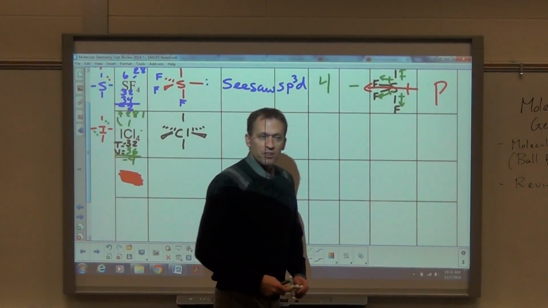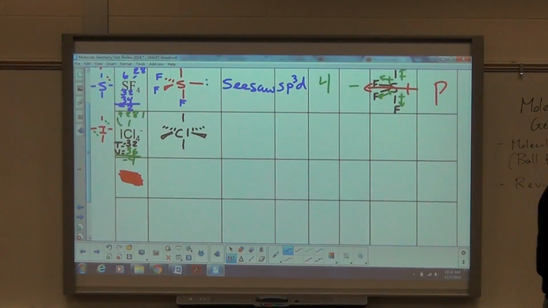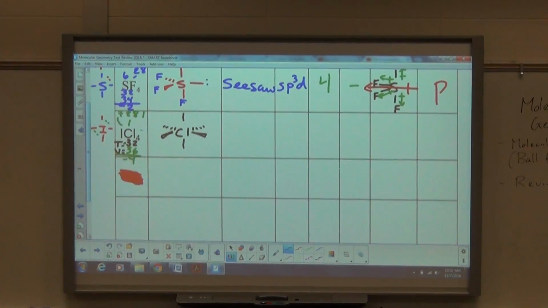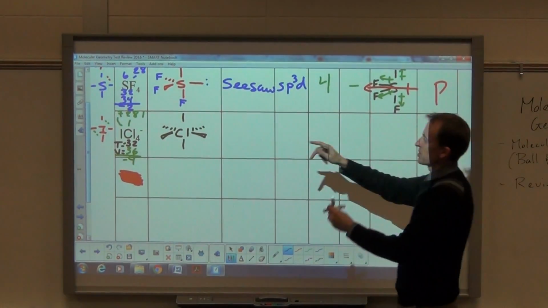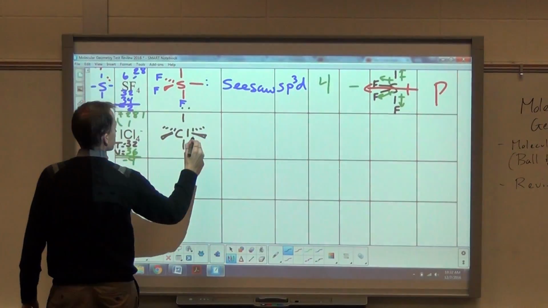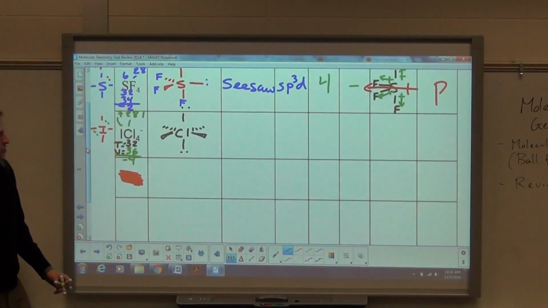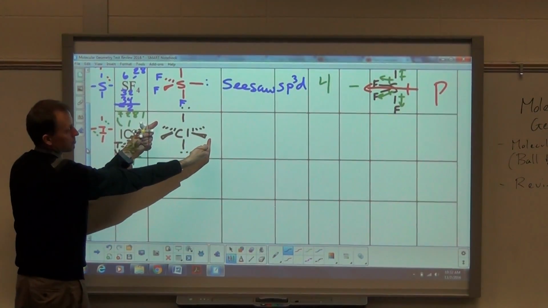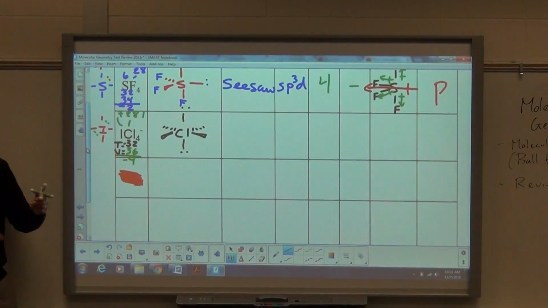Where do the lone pairs go? Top and bottom, or side to side, technically, but they have to be as far apart as possible. They take up as much space as possible, so you can't put them next to each other. You could put them here and here, or you could put them there and there, as long as they're as far away as possible.